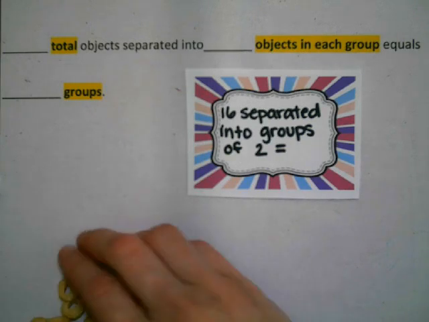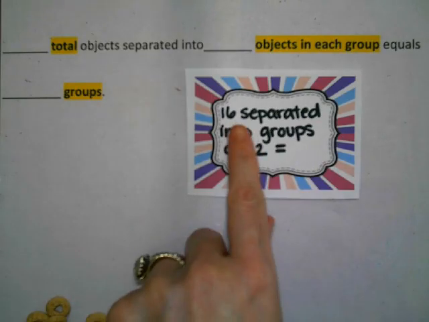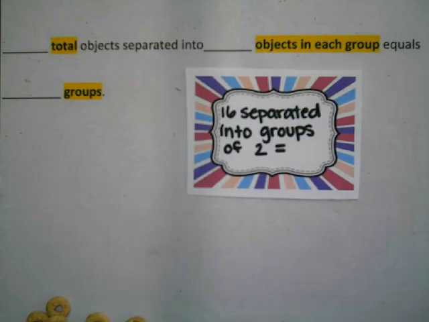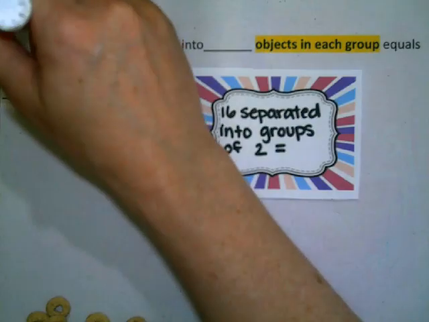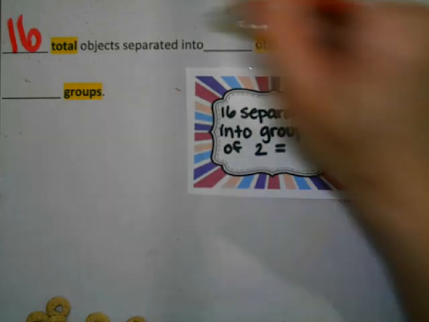All right, now that you are back with everything you need, let's solve our first division problem. It says 16 separated into groups of 2. So I am starting with 16 total objects, and I'm going to separate them into groups of 2.